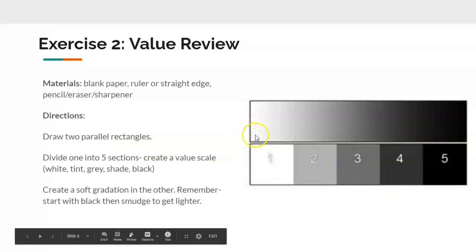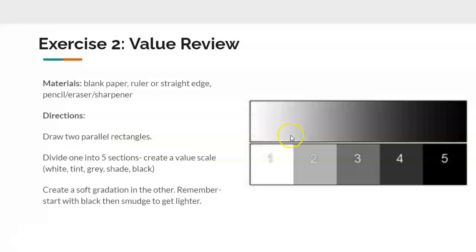The next one, you're creating the same value scale but a soft, blended gradation. And the hint for this, start on the black side, put some lead down, and then start smudging. You want to make sure that this is smooth and not choppy, and that this side is really, truly pure white, and that you have your grays in the middle.